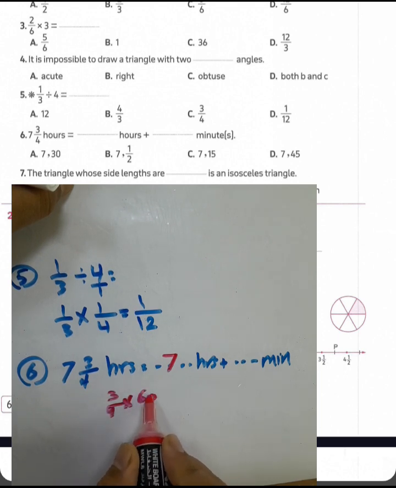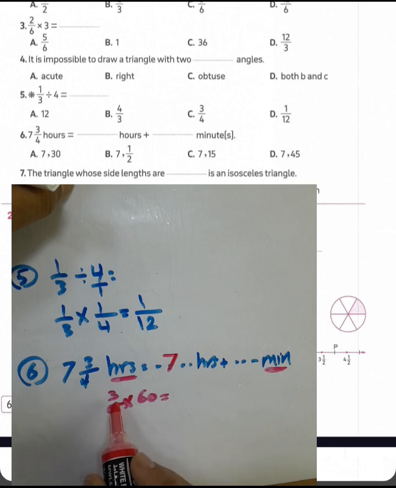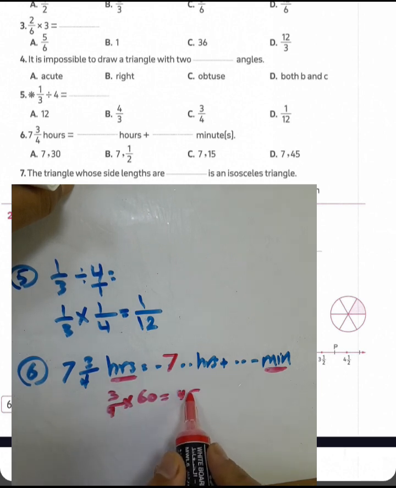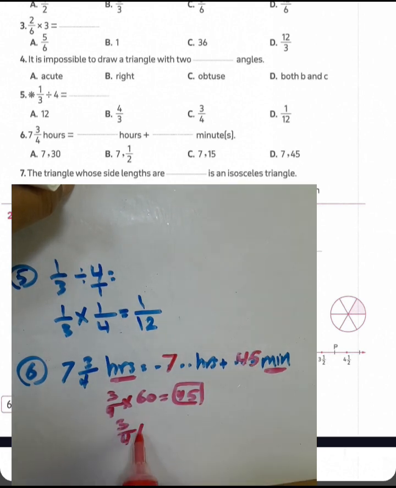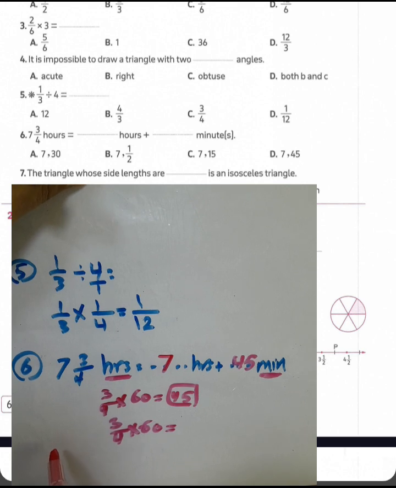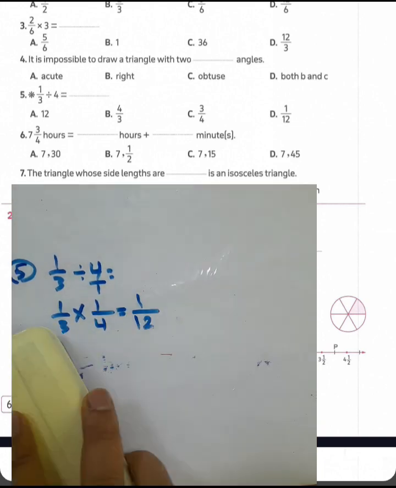Multiply 3/4 by 60 to convert from hours to minutes. Or you know 3/4 hour equals 45 minutes. You can write 45 minutes, or 3/4 times 60 and simplify: 60 divided by 4 equals 15, 3 times 15 equals 45. The result will be 45 minutes. Choose letter D for question number 6.